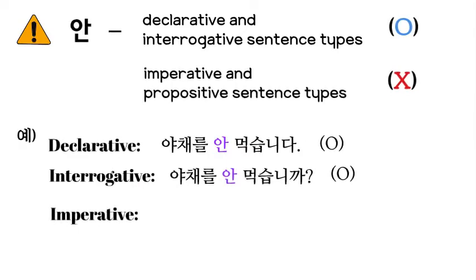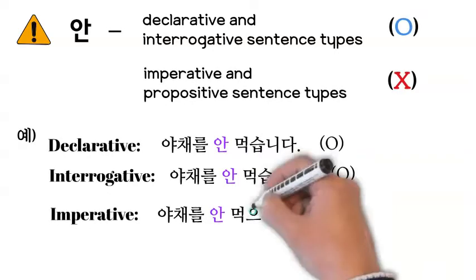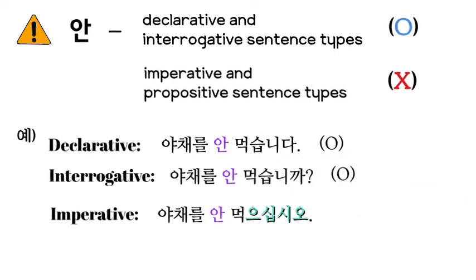Imperative, 야채를 안 먹으십시오. To make an imperative sentence type, you add the ending 으십시오 to the base of the verb. However, the sentence 야채를 안 먹으십시오, due to the use of 안, it sounds weird. The sentence is grammatically wrong.